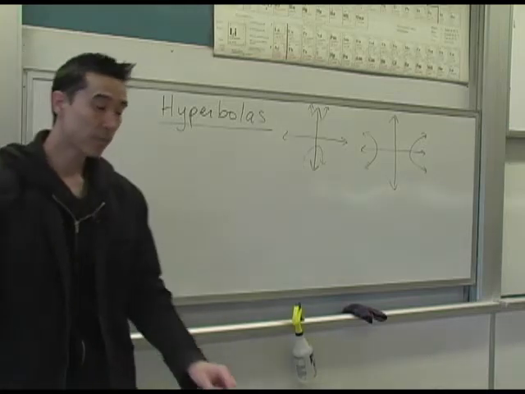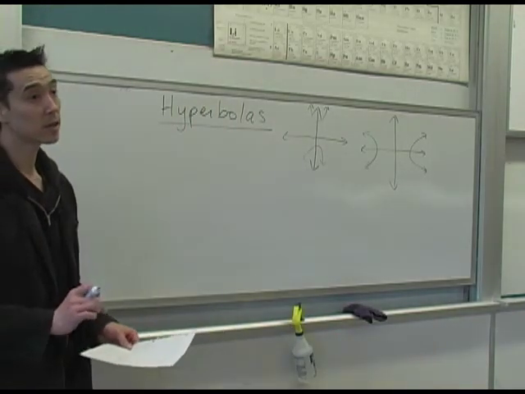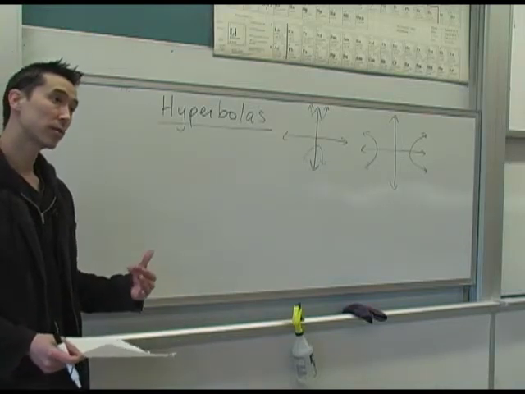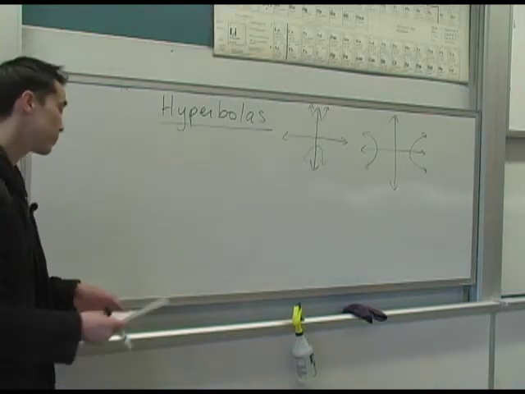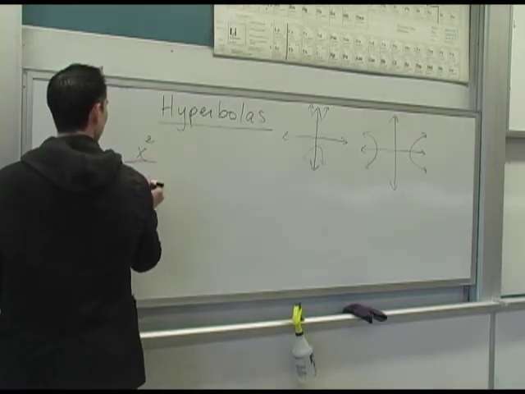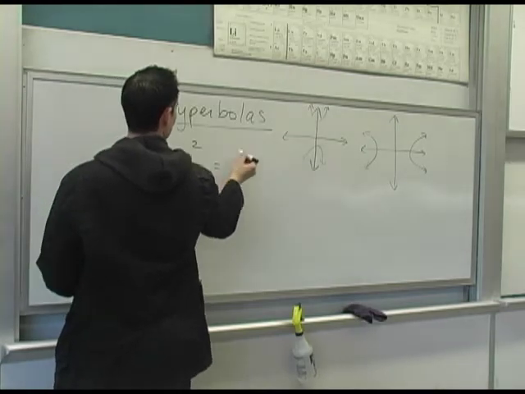The equation of a hyperbola is very similar to an ellipse, except one of the terms is negative and one is positive. With the ellipse, the x squared and y squared terms were both positive. Here, one of them is going to be negative. So you could have x²/a² - y²/b².